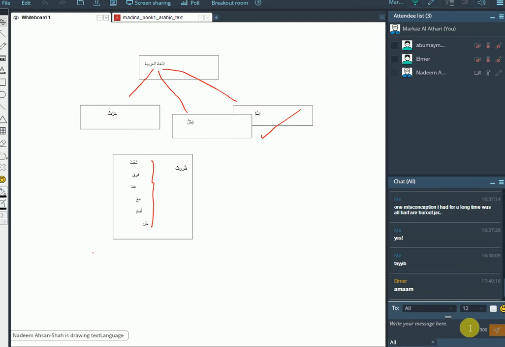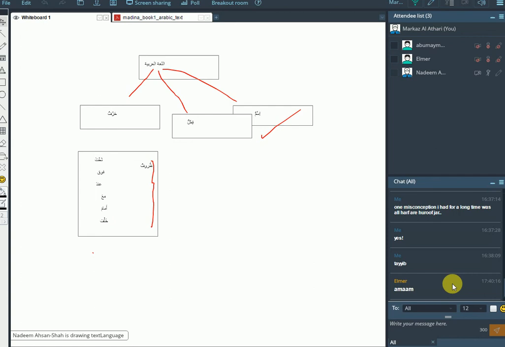And the opposite is khalfa, which means behind. So we've learned most of these words already. Today we're going to be having a look at the word amama, which means in front of. These are some examples of huruf.